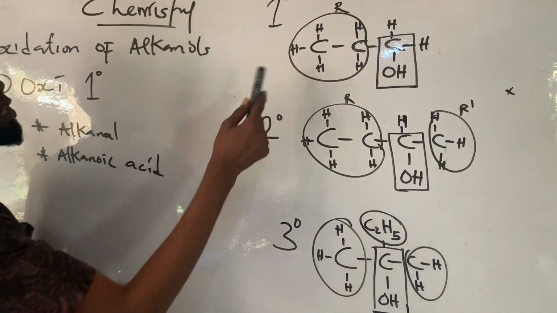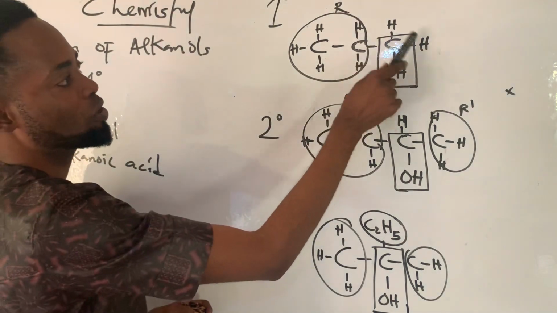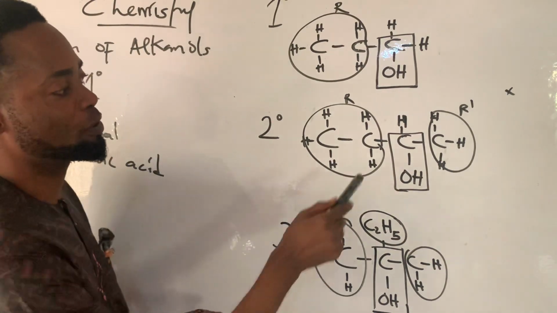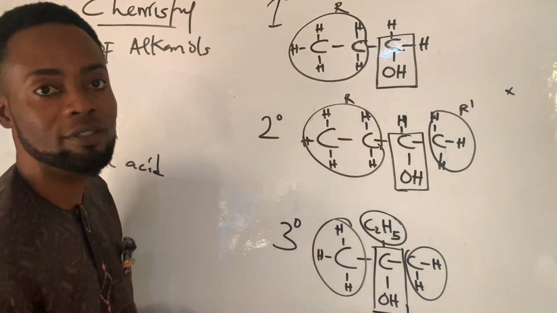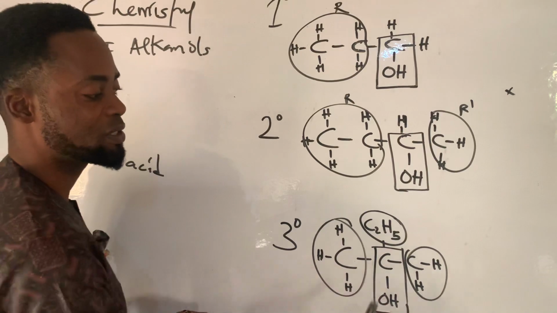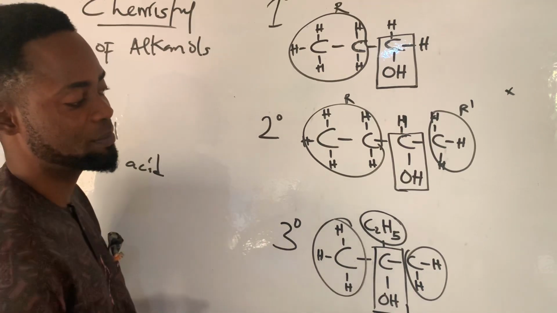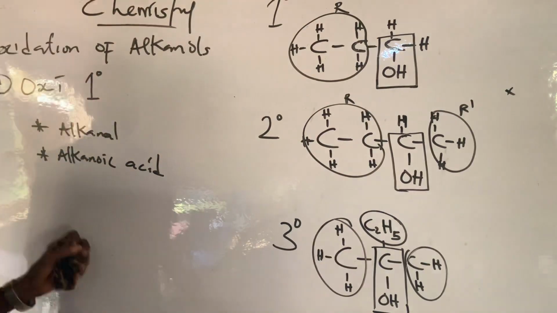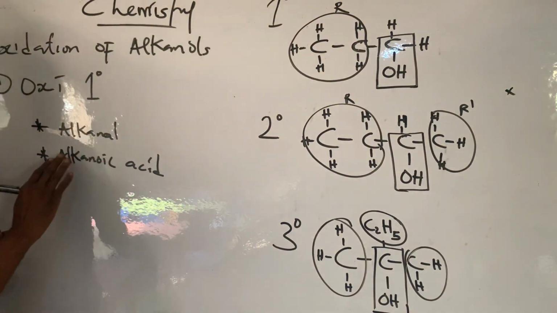Oxidation of primary alkanol gives two products because it has two oxidizable hydrogens. Secondary has just one product because it has just one oxidizable hydrogen. Tertiary cannot be oxidized because it has no oxidizable hydrogen. This is not just hydrogen, they are members of the alkyl group.